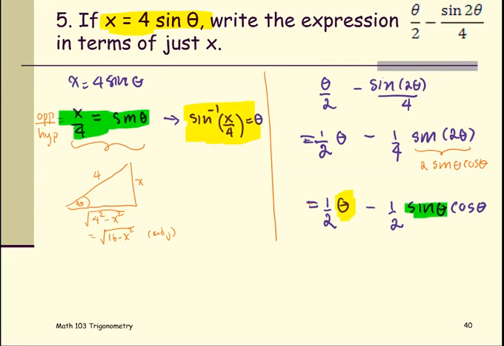And the cosine function we have to find based on the right triangle that we just completed. So the cosine of theta is the adjacent over the hypotenuse. Adjacent is the square root of 16 minus x squared. Hypotenuse is 4. Now we get the cosine theta in terms of x.